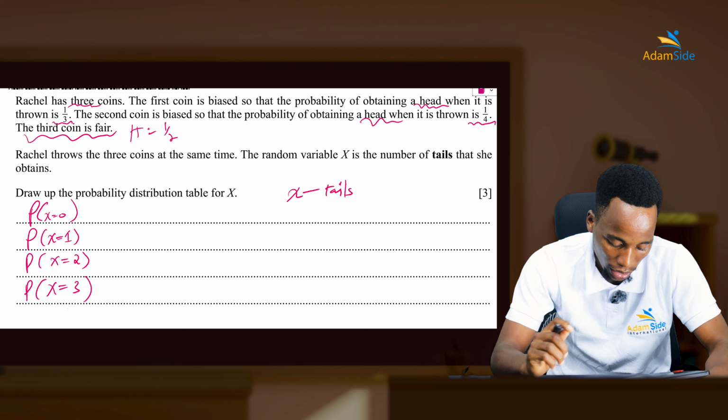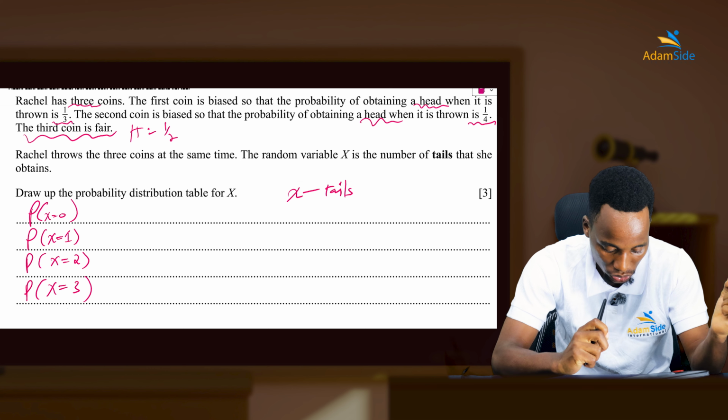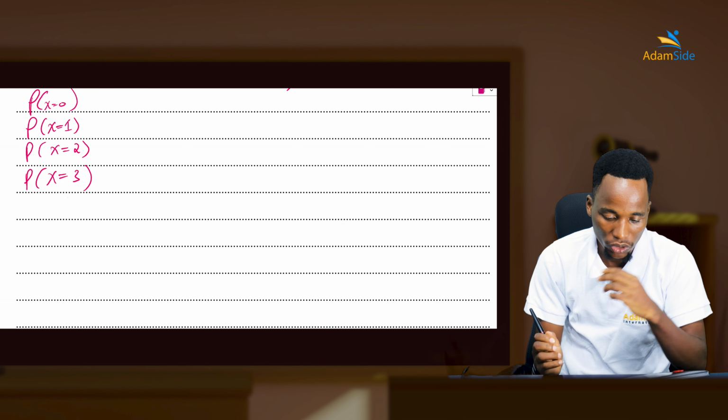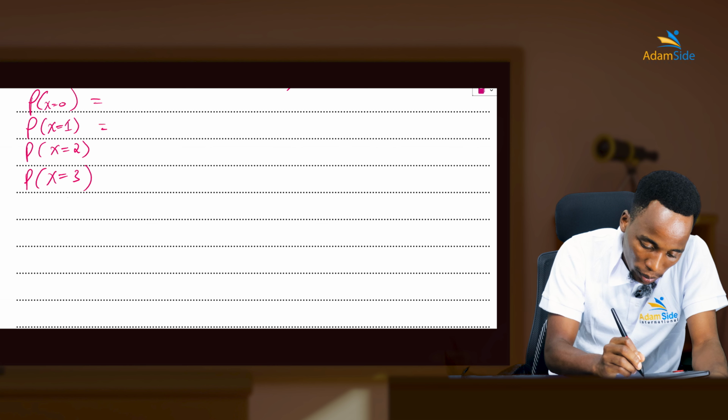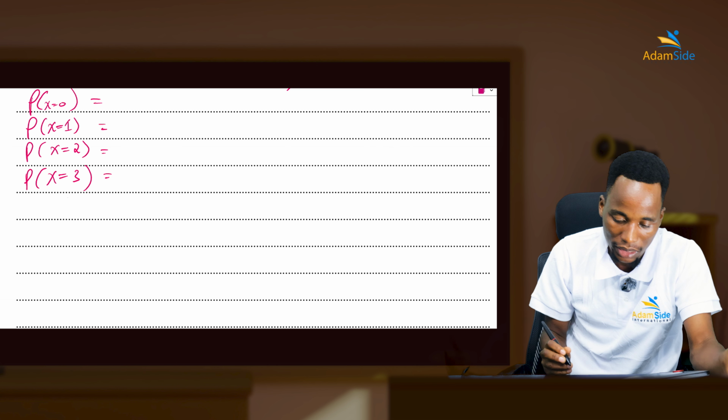So we are going to find the probability of each of 0, 1, 2, and 3 tails.